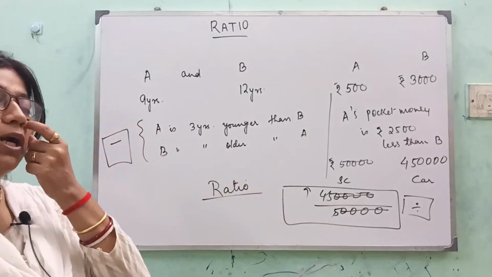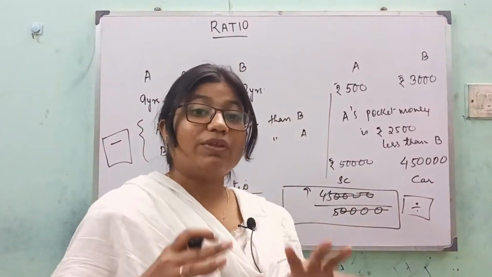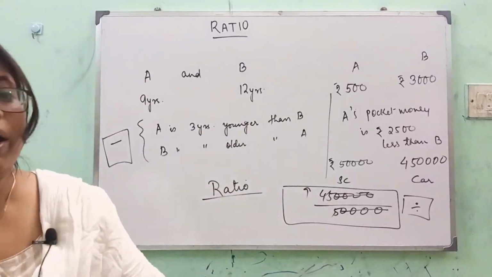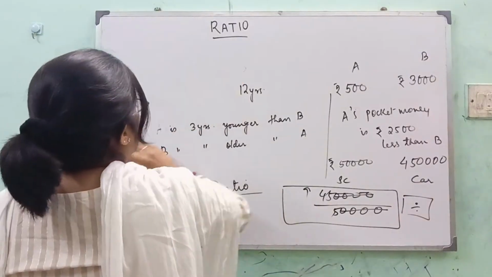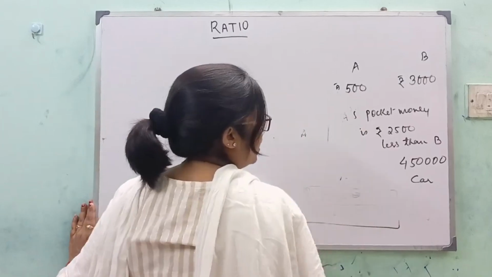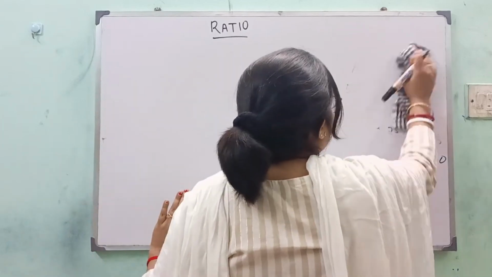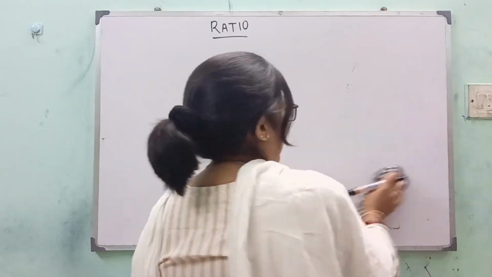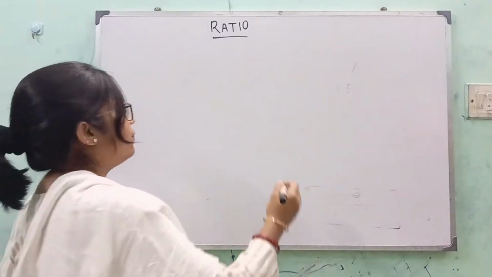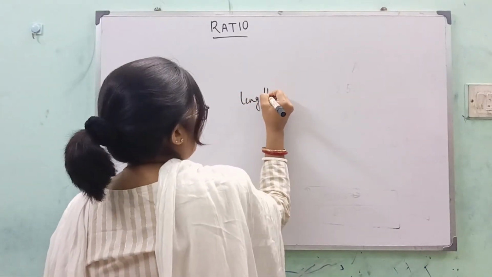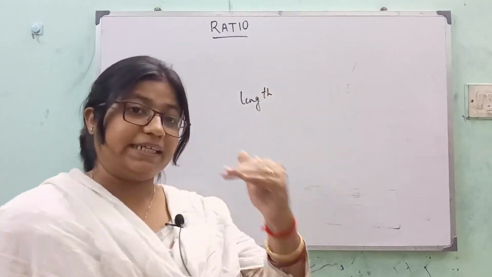That is, when two or more quantities of the same kind are compared. What do I mean when I say same kind? The quantities that we are going to compare should belong to the same category. If the first one is of the category length, the second one should also be of the category length.